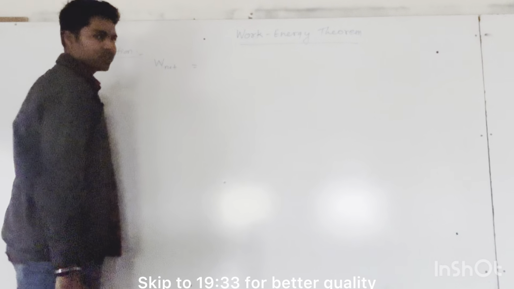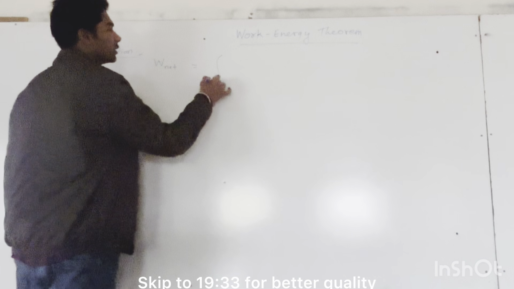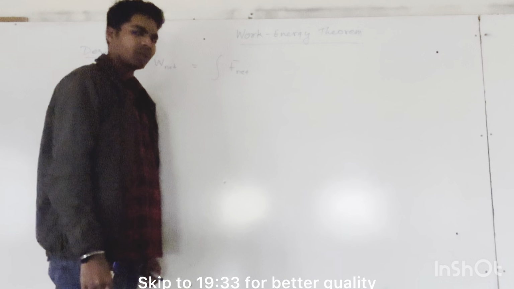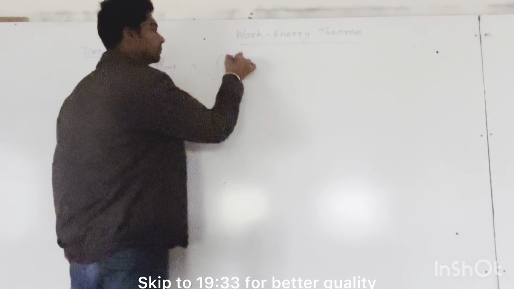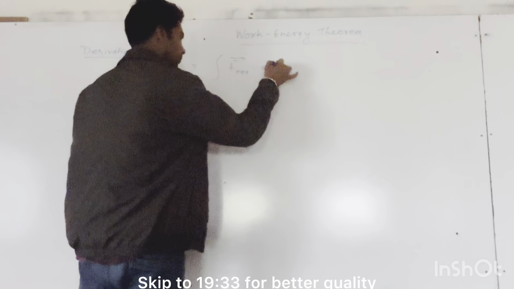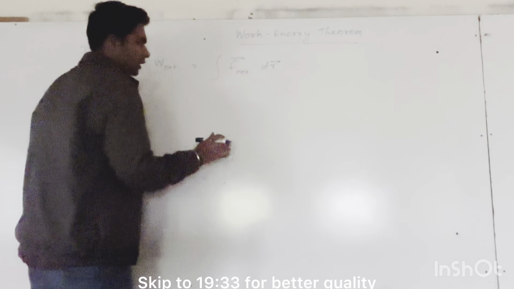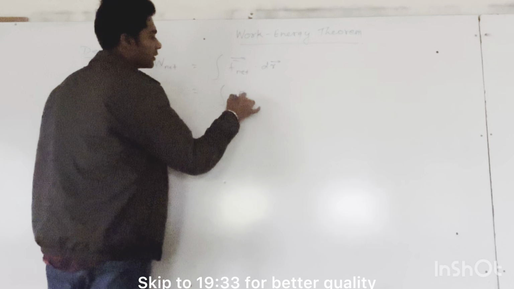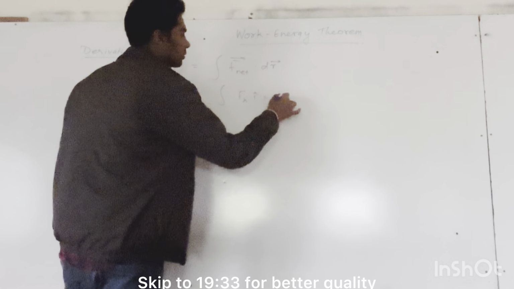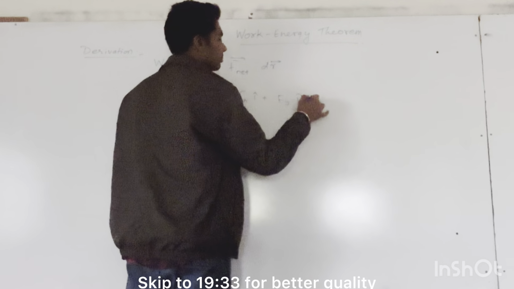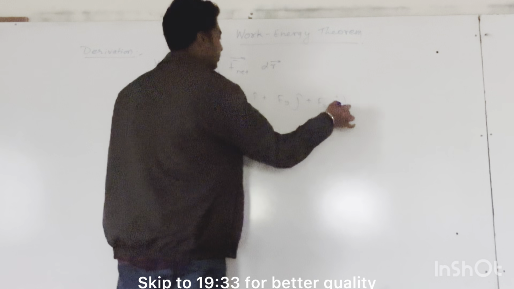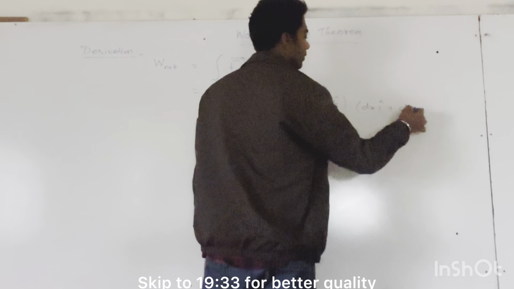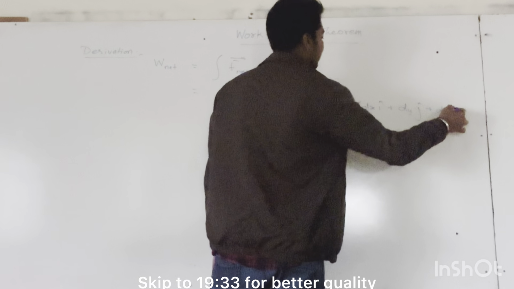So the work done by the net force on the system is the integral of F net dot dr. In general, F net can be written as Fx i cap plus Fy j cap plus Fz k cap, dot dx i cap plus dy j cap plus dz k cap.